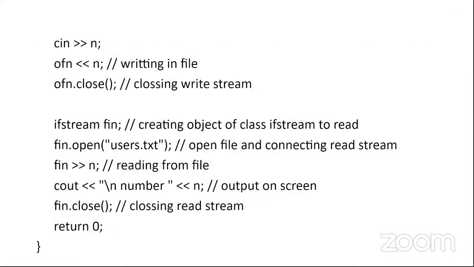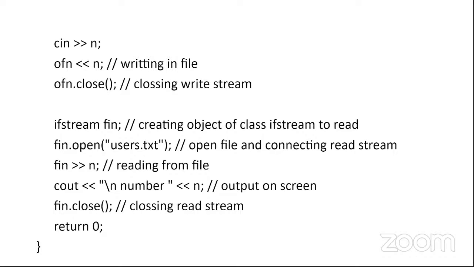Then the user will enter a number, and we again use that object ofn, and we start writing into the file the variable we stored. Then we close the file because we want to read from that file, using the close function. The stream which we attached to write into the file will be removed from the file.